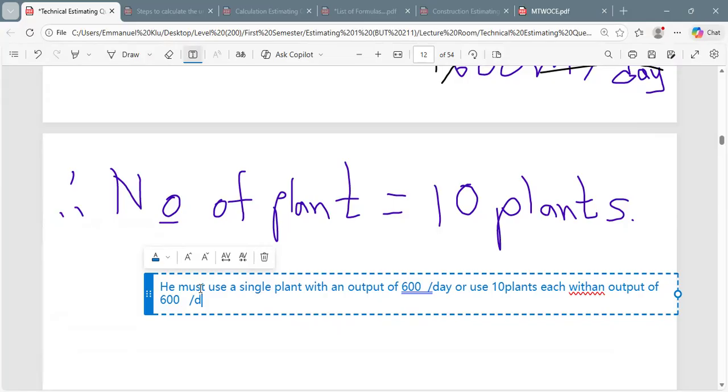So the first one I think is supposed to be 6,000. So he must use a single plant with an output of 6,000 meters squared per day.